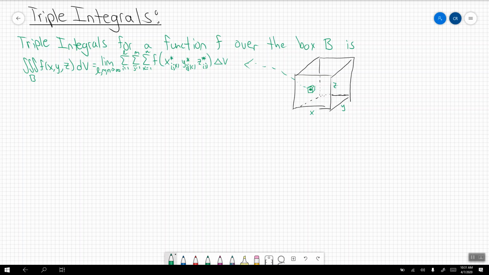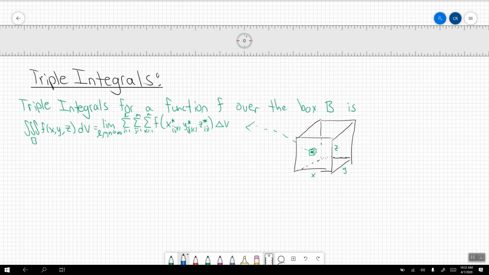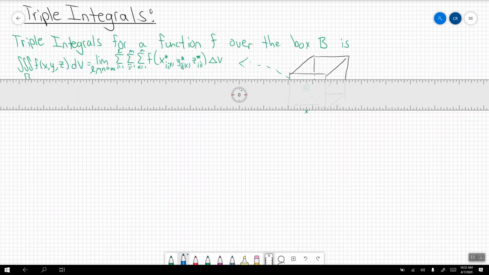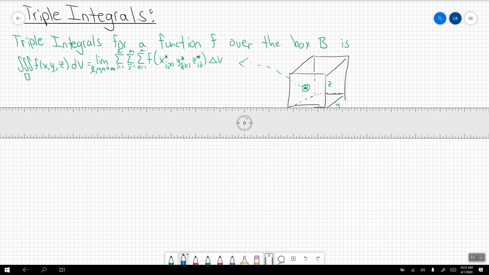Fubini's theorem is going to allow us to change the differentials along with their limits of integration to our choosing. All right, so I'm going to write Fubini's theorem really quickly, and then we'll see how we're going to use it.